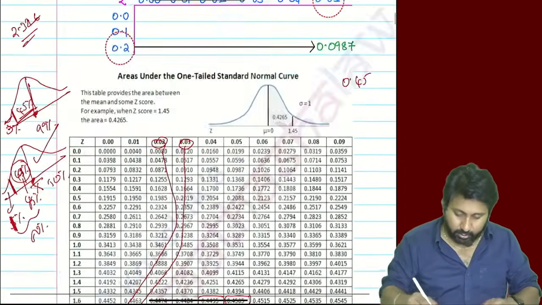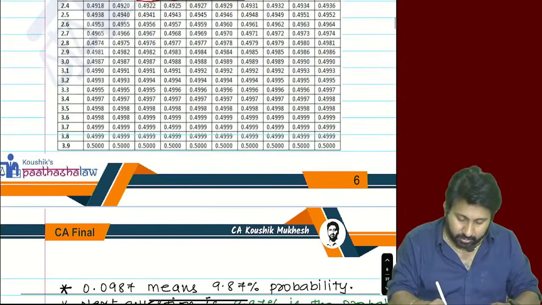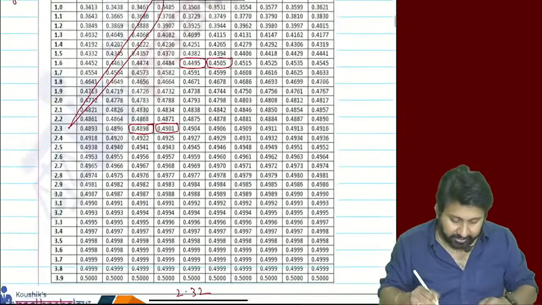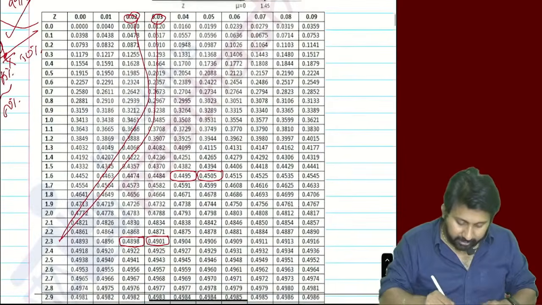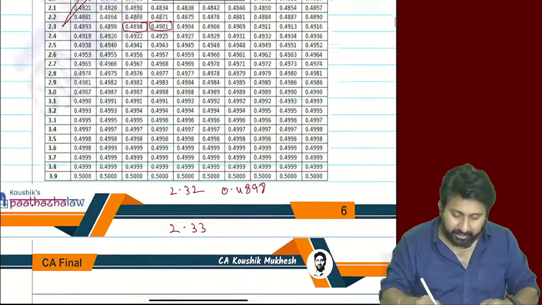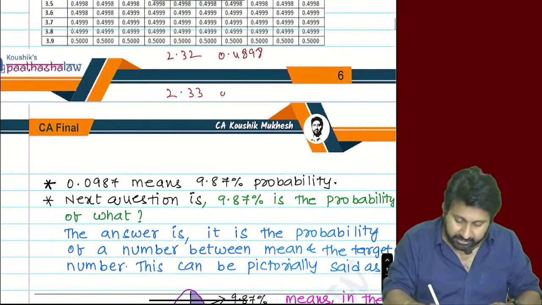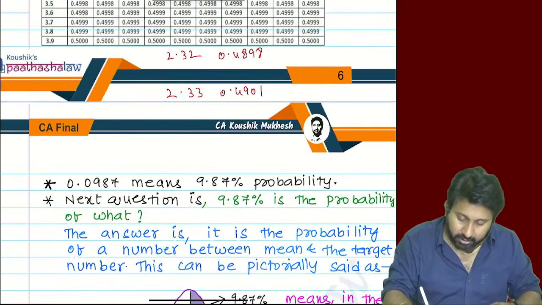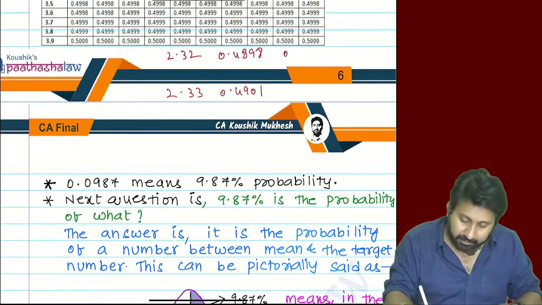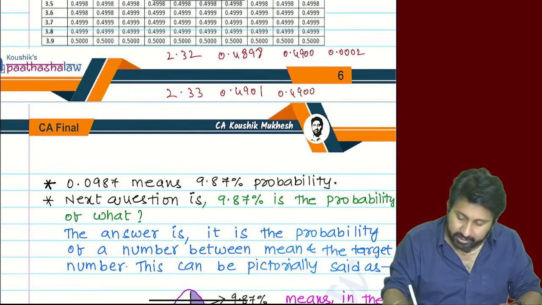So how to understand? 2.32 value is 0.4898. 2.33 value is 0.4901. But we don't want 0.4898 and 0.4901. We want 0.49 only. In this case, what is the difference? 0.0002. In this case 0.0001.